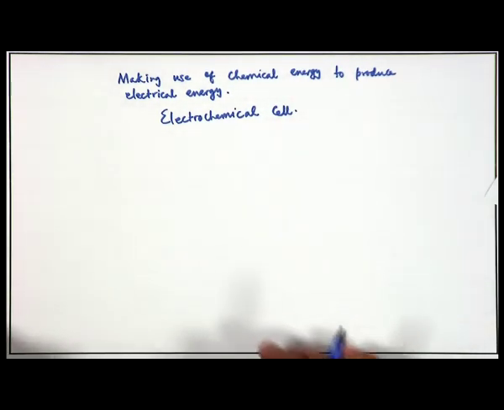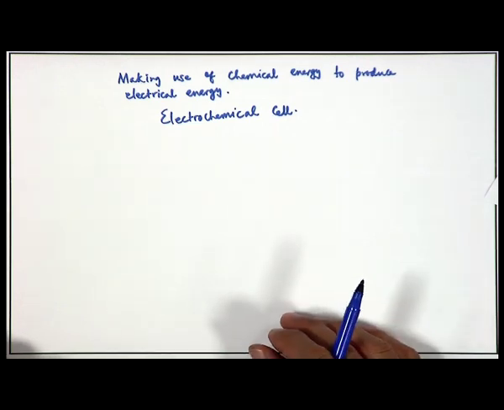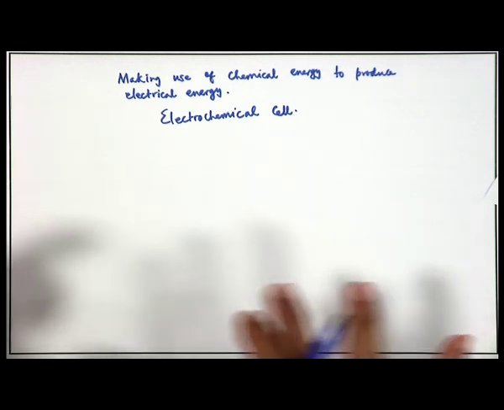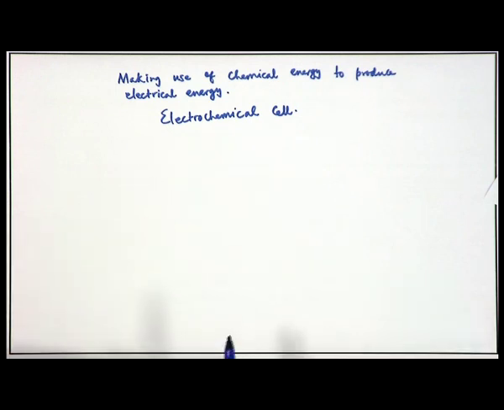Whatever energy is released in a chemical reaction by means of a specific arrangement, specific arrangement means you dip electrodes, that energy will be captured by the electrodes and converted into electrical energy. So, that is a device in which one can convert chemical energy into electrical energy.